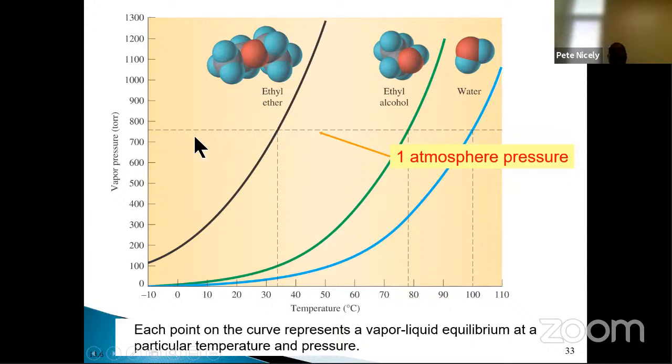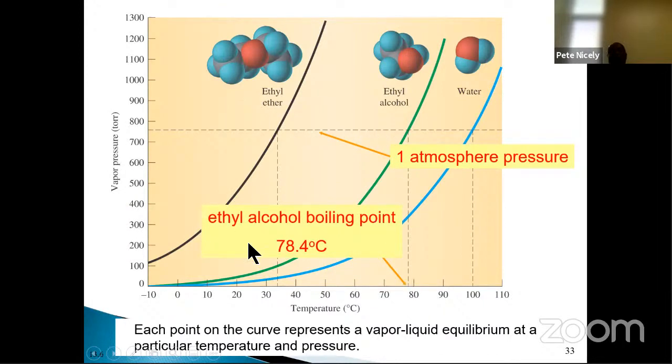For example, in the case of ethyl ether, when this line hits this curve right here, you drop a vertical line, and where it cuts the x-axis, that represents the normal boiling point of ethyl ether, which turns out to be 34.6 degrees Celsius. If you do the same thing in the case of ethyl alcohol, the boiling point is 78.4 degrees Celsius.